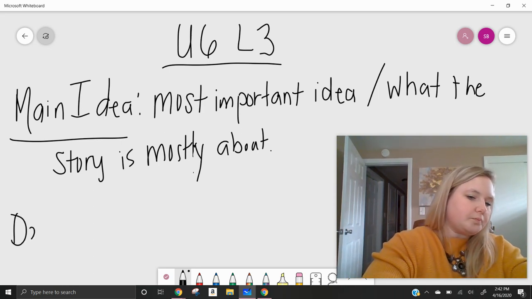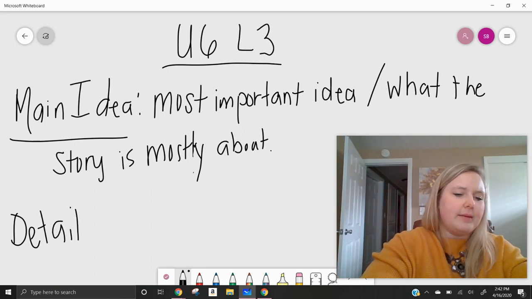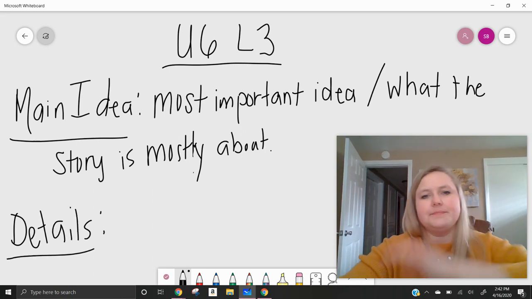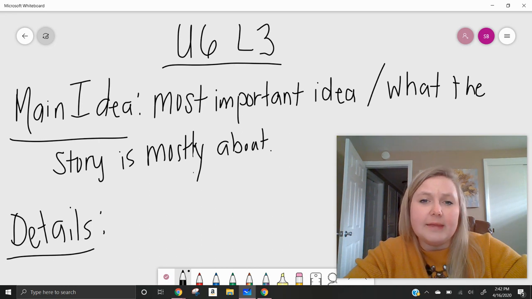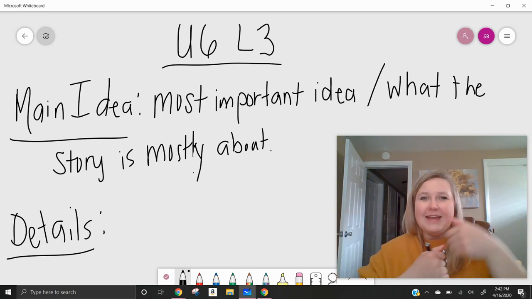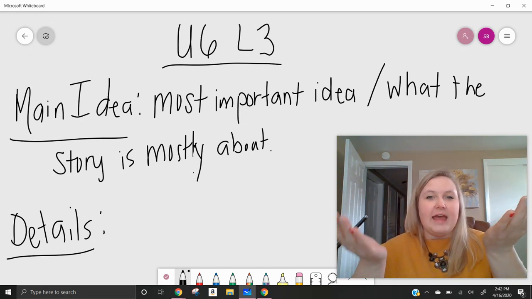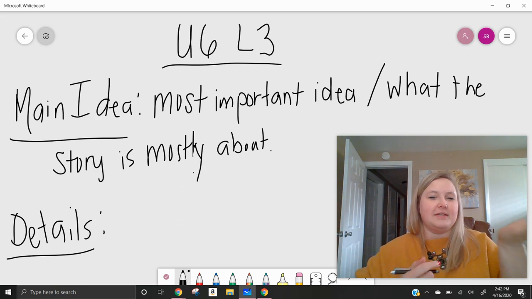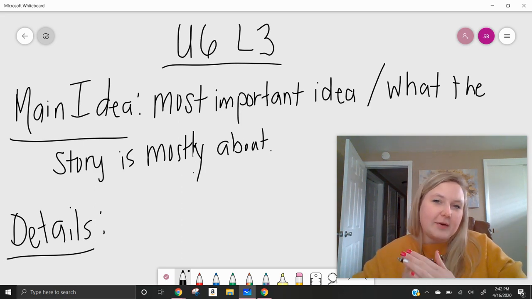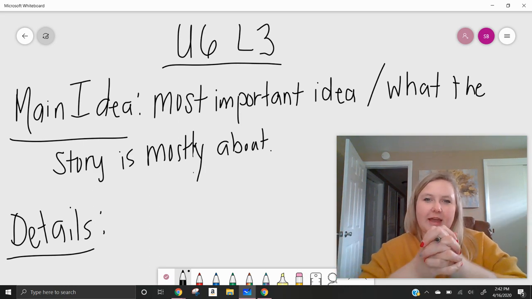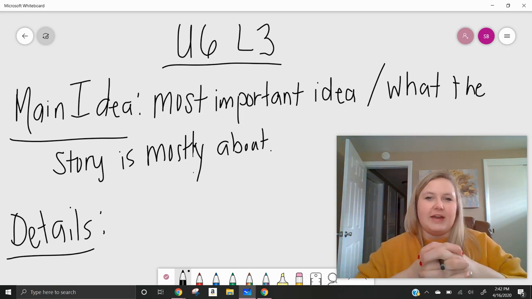So let's move on to then details. Now, details and main idea are like glue. They're stuck together like glue, right? They're kind of like almost married. You really don't have many main ideas without any details. And then the details always have something to support, which is your main idea. So they're like best friends. They're like magnets.